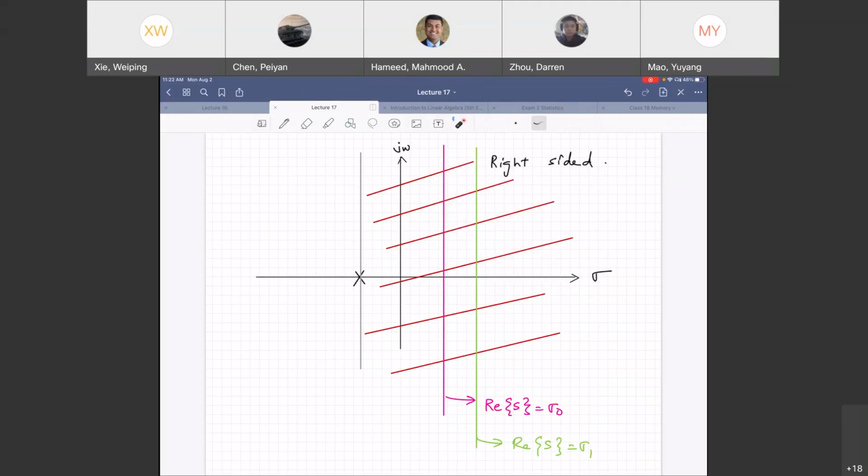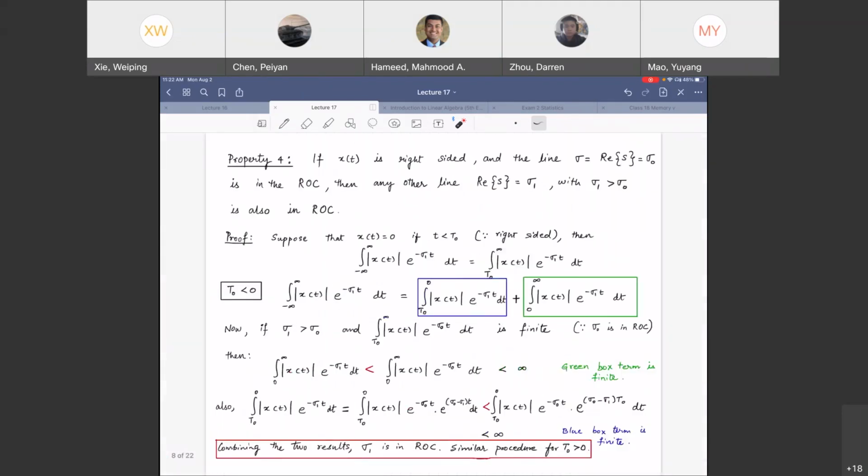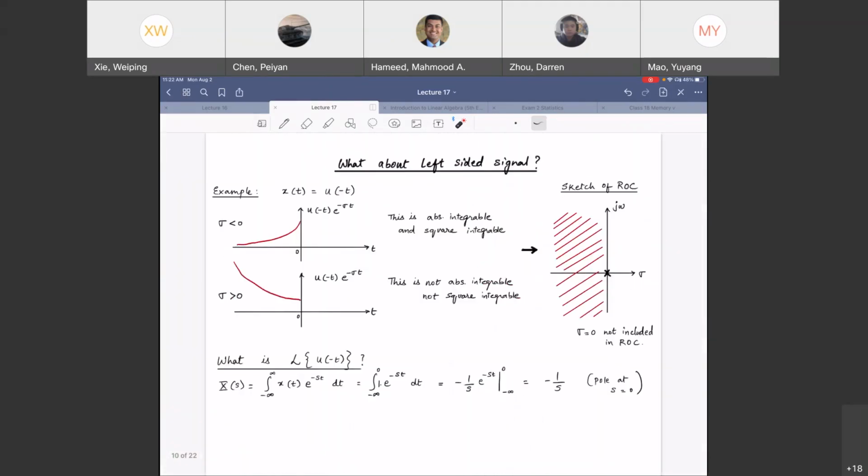That's a way of saying it's a right-sided signal, right of the pole. You guys see that? So if sigma 0 is in the ROC, then any other line with sigma greater than sigma 0 will also be in the ROC. All of this to say, if you have a right-sided signal, then your region of convergence will be to the right of the rightmost pole. Proof over here, as I said, I'm not going to go deep into that.